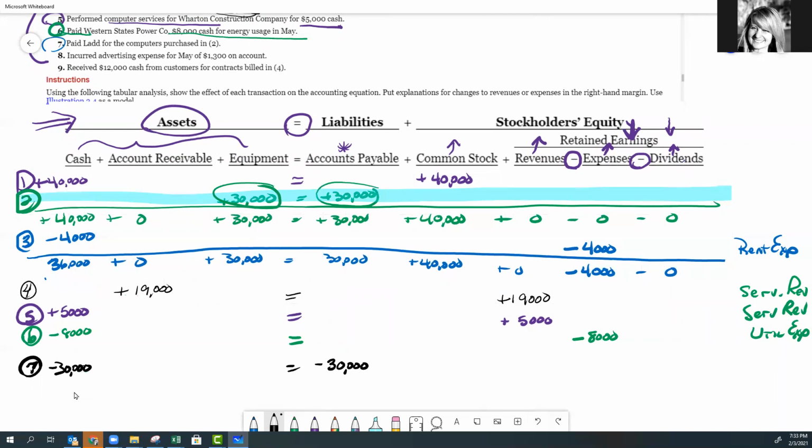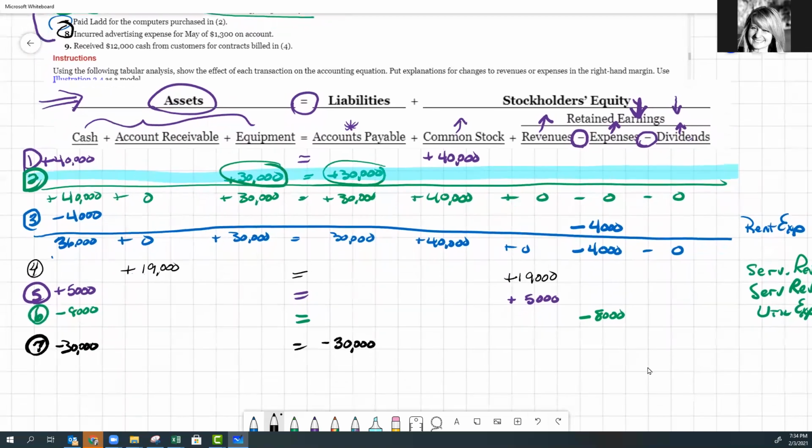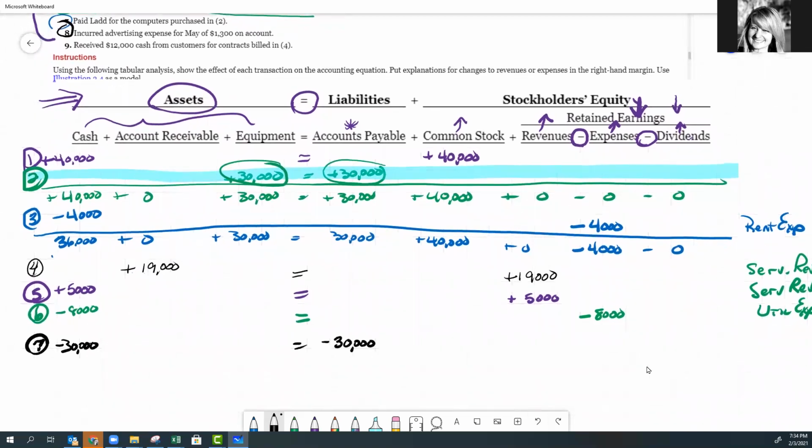Okay, so number 8, we incurred advertising expense for May of $1,300 on account. Remember what I said about it being on account. If it's on account, that means we didn't pay for it. So we incurred those expenses, right? So they're going to be an expense of the current period, but we didn't pay for it. So that means we're going to have a new liability.